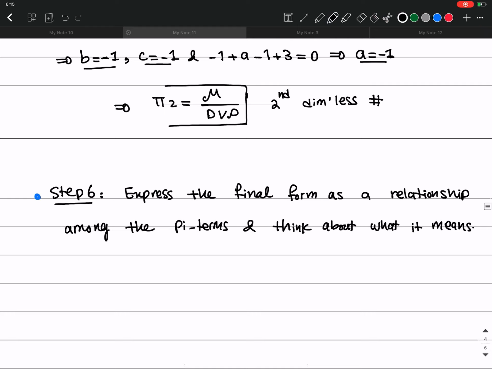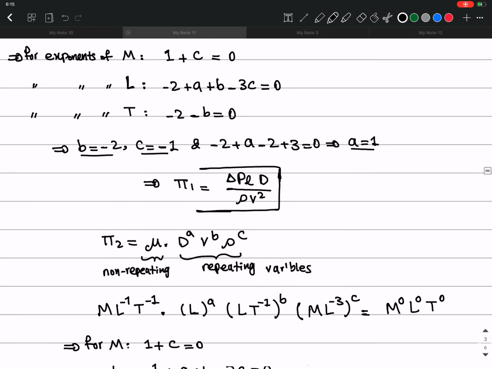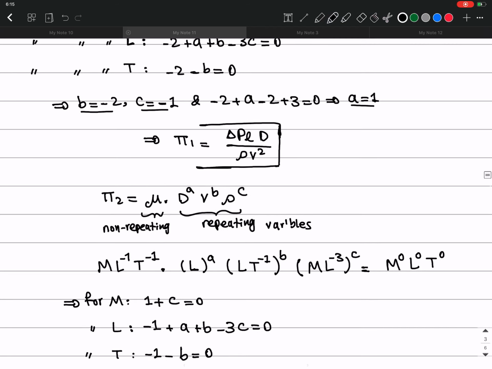So on the left-hand side, what you do is write the dependent variable that you had, the pi term of that. So it's going to be pi 1. So let me see if I can copy. Let me see if it is doing correctly. No. So let me just write it down.